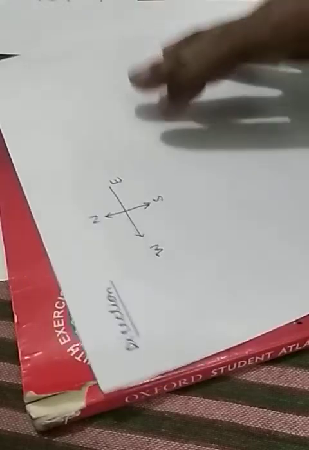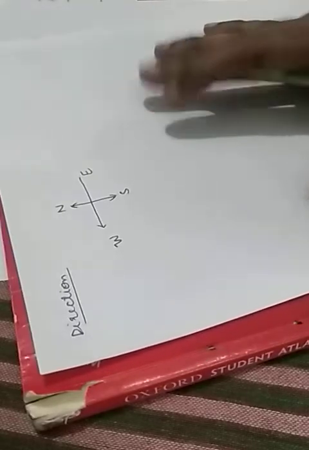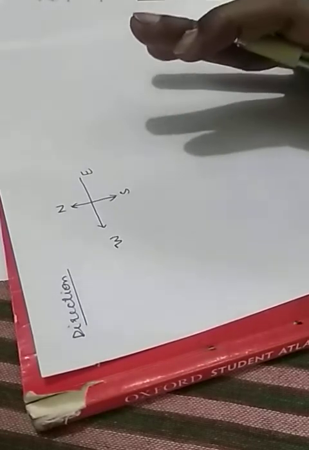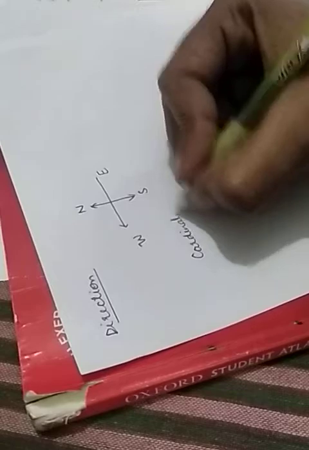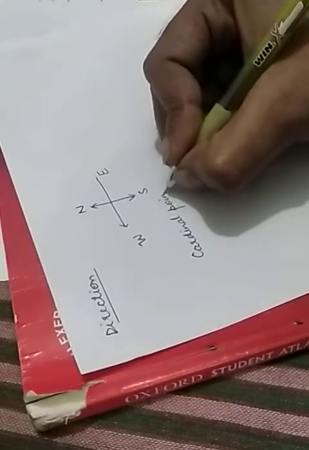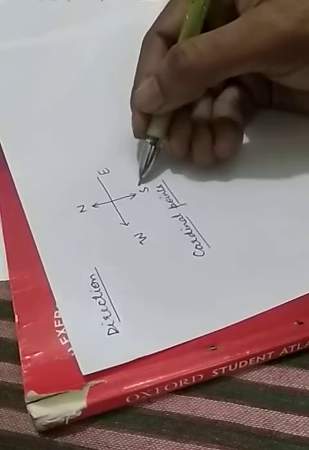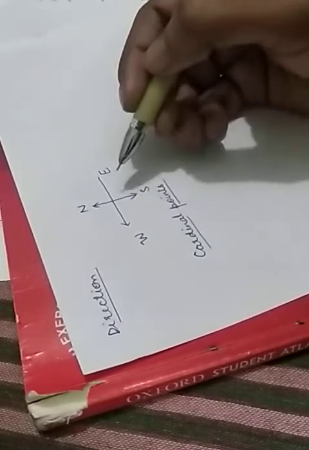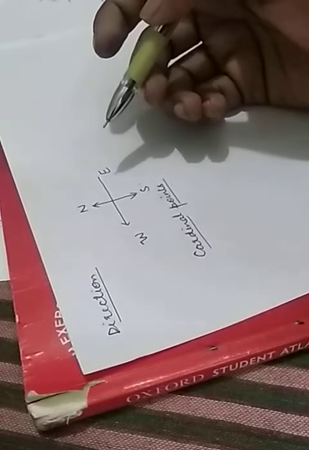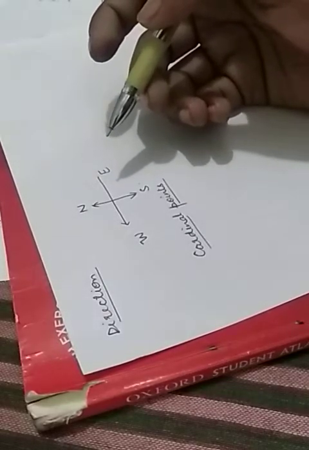Every map has these directions fixed, and we can locate the places according to these directions. These four directions are called cardinal points because they are always fixed.